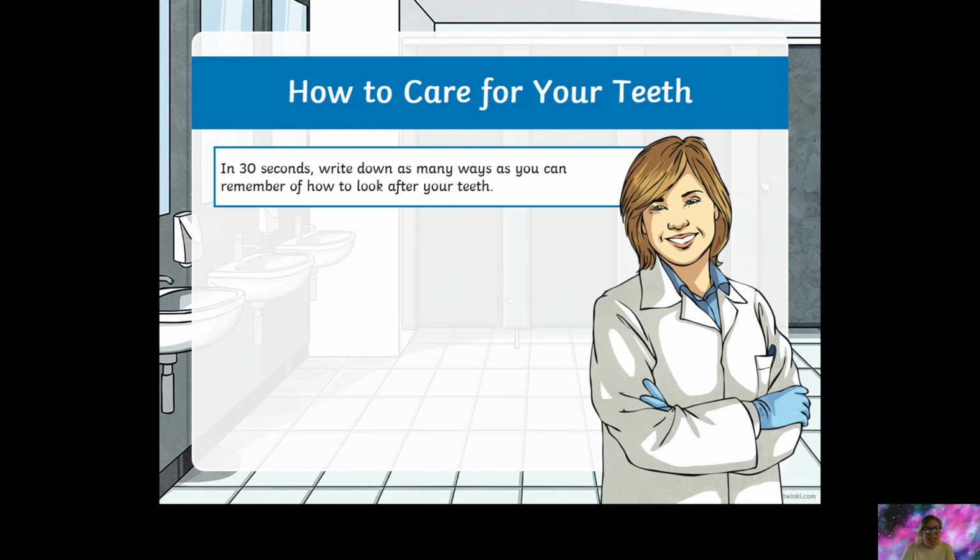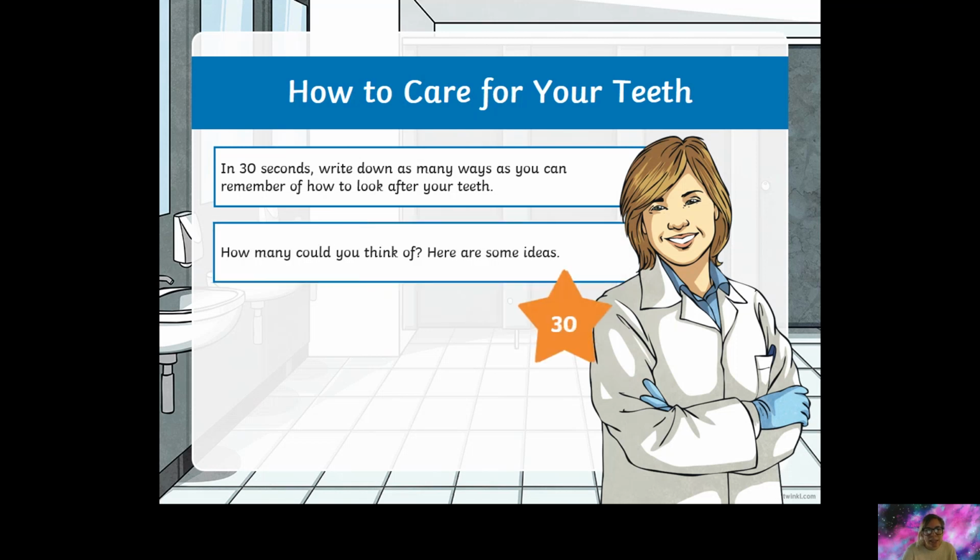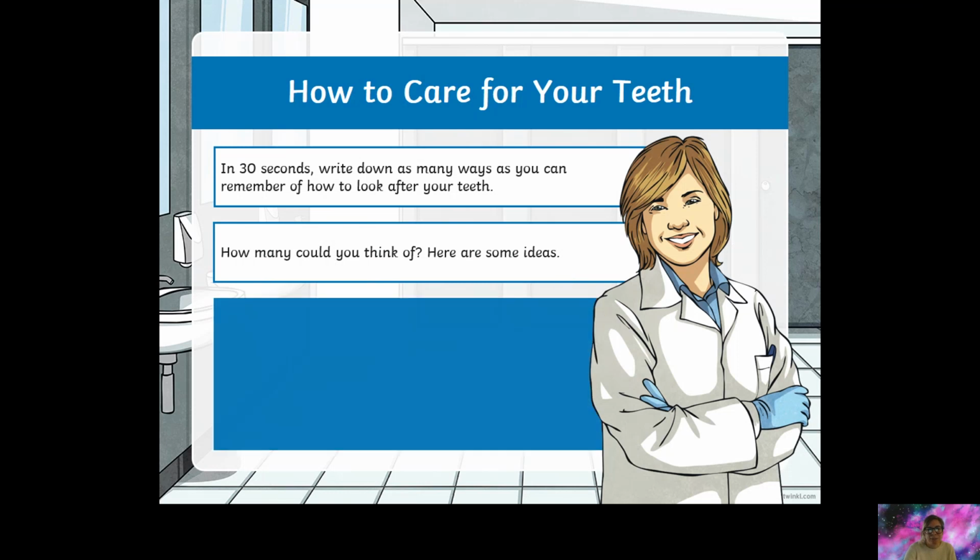So let's see if in 30 seconds you can write down as many ways as you can remember for how to look after your teeth. So 30 seconds, you can pause the video here and write down as many ways as you can remember. Off you go. Okay, so how many could you think of? Here are some ideas.